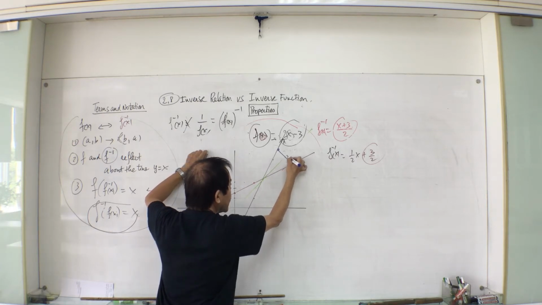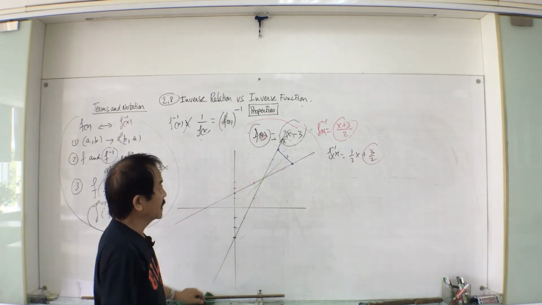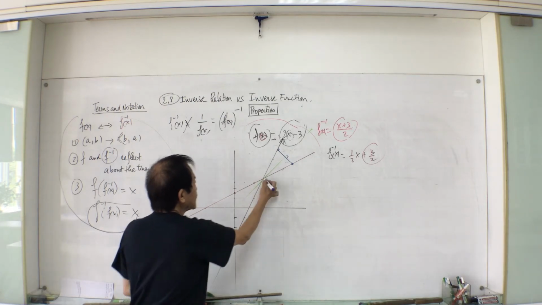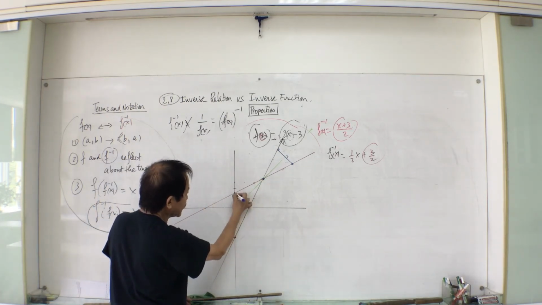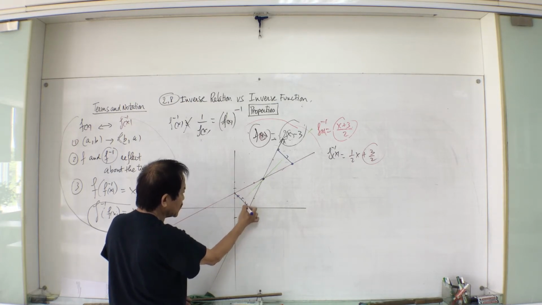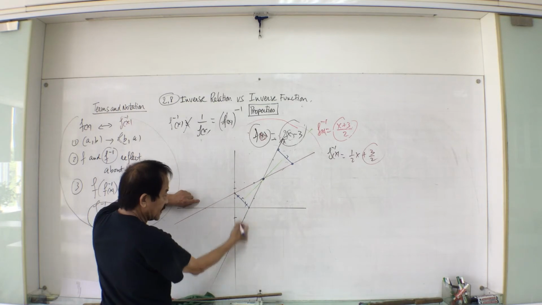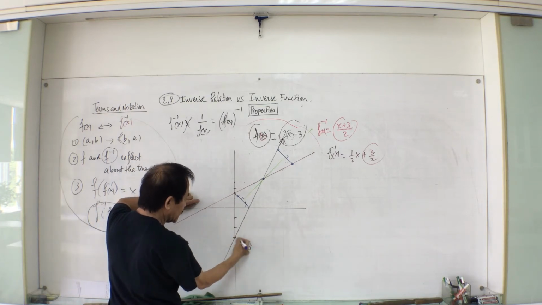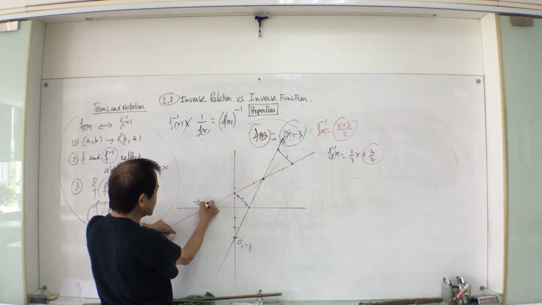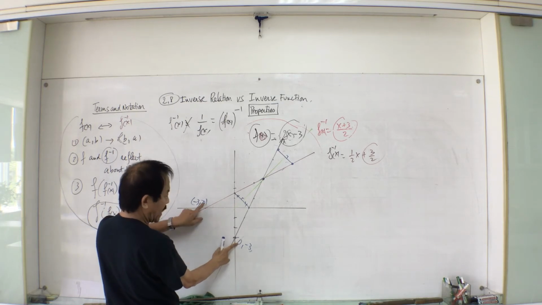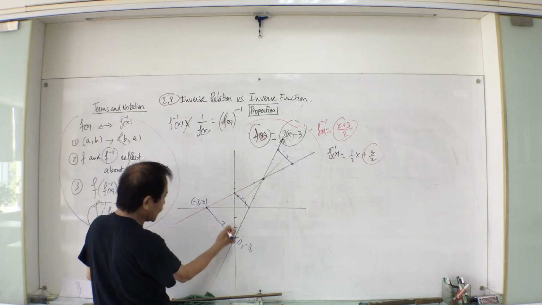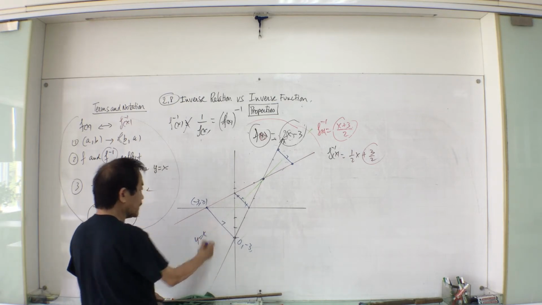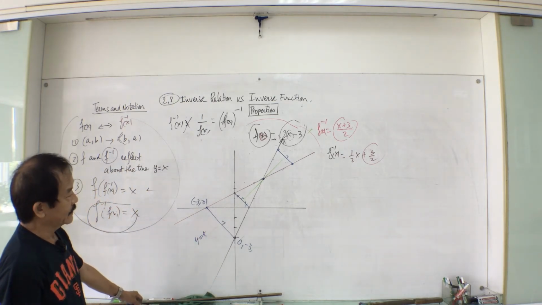The point reflects to the line y equal x with the same distance. They share the point right here, but from here to here is a right angle, so this distance equals this distance. How about this? This one 0 and -3 becomes -3 and 0. So x becomes y, y becomes x, and the 2 points reflect about the line y equal x. You can see that very clearly.